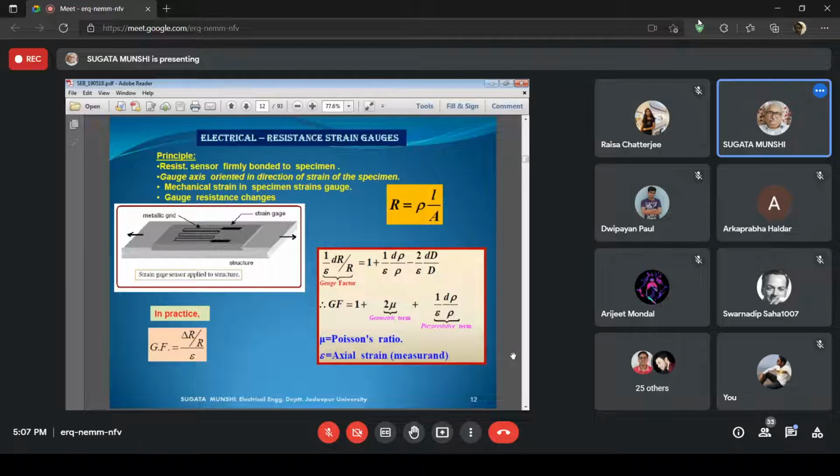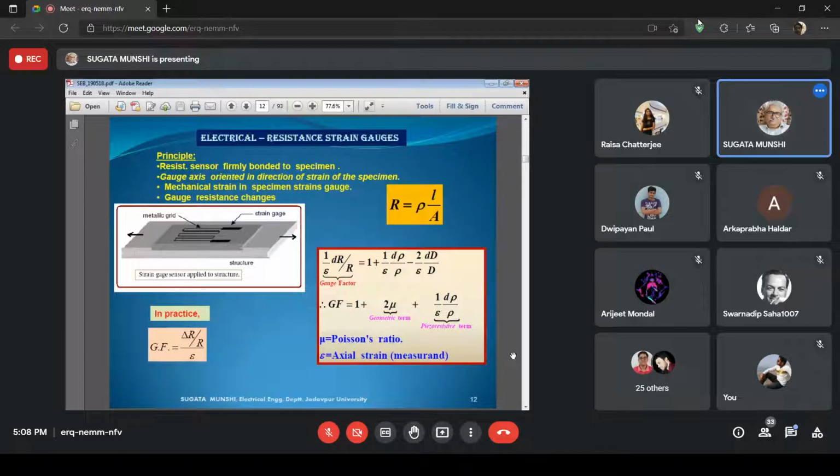Now, the length of the strain gauge is usually aligned in the direction of principal strain. When that mechanical object is subjected to mechanical strain, if the bonding between the backing material and the object is very firm, the same strain is transmitted to the gauge.